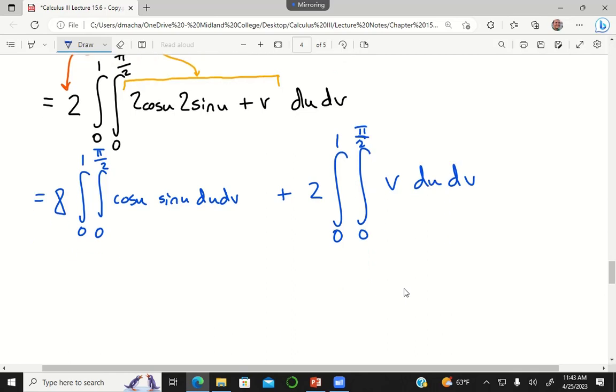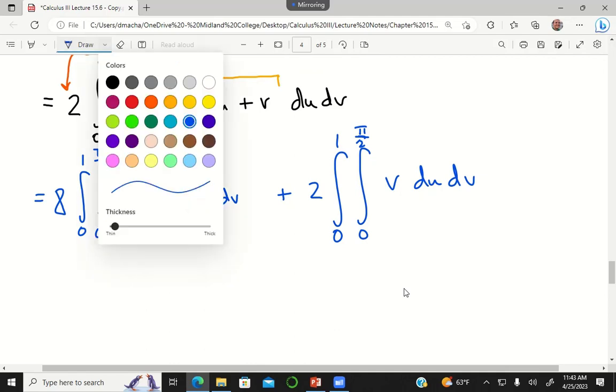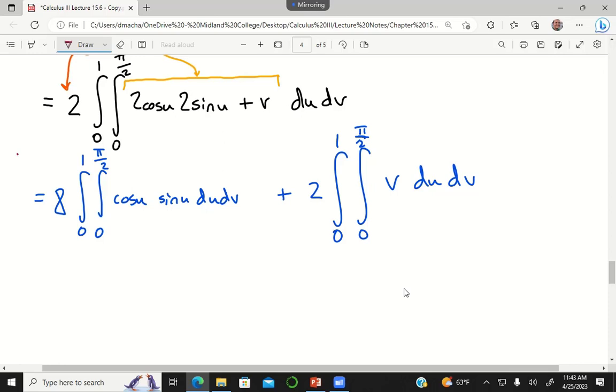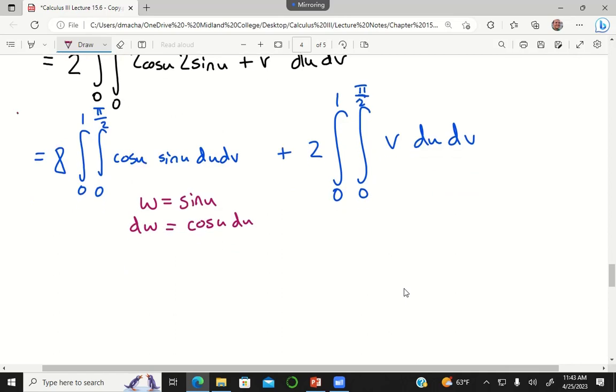Okay, assuming I haven't made any mistakes so far, then what are we going to do over here? I would prefer to do the u sub, but we're already using u, so let's call it a double u sub. And the double u sub is going to be w equals sine u. So dw is cosine u du. And that integral becomes 8 times integral 0 to 1 of integral.